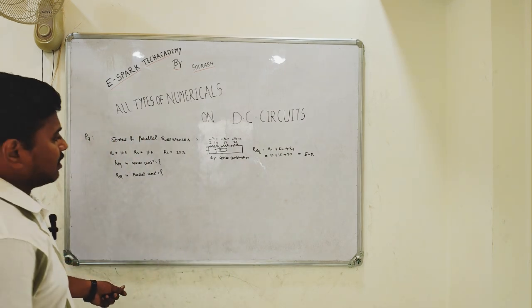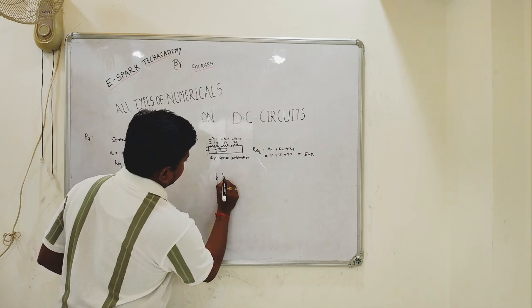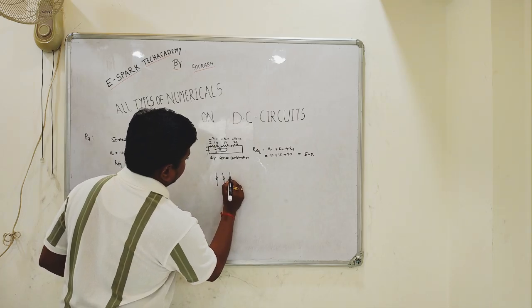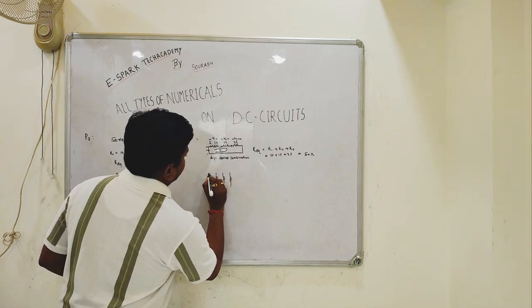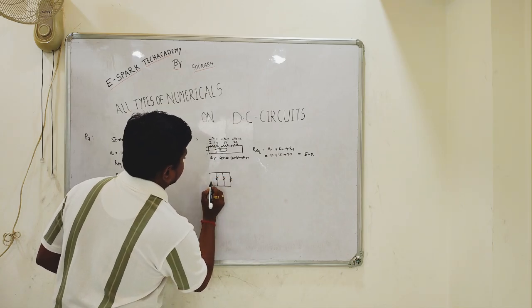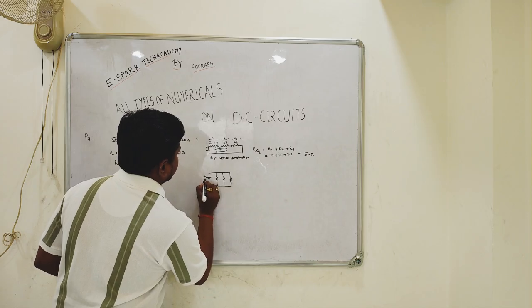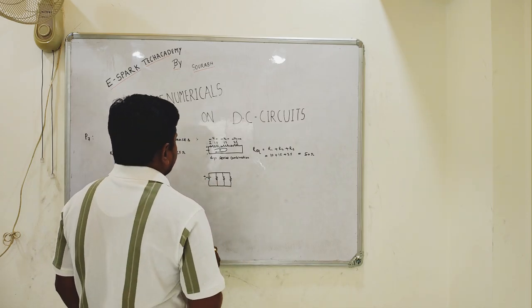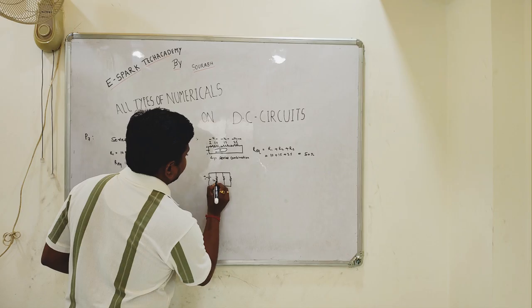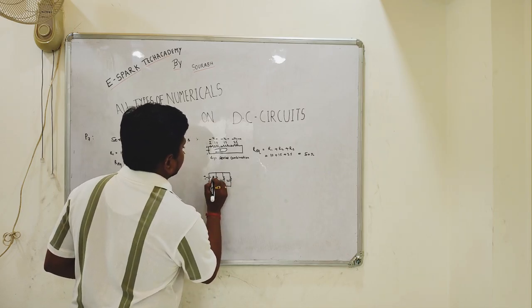Now in parallel, some sort of voltage will be applied to this circuit, where the voltage is applied. The resistor values are given same for this problem also, 10, 15 and 25.